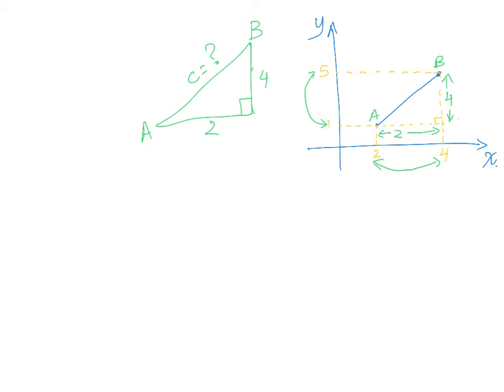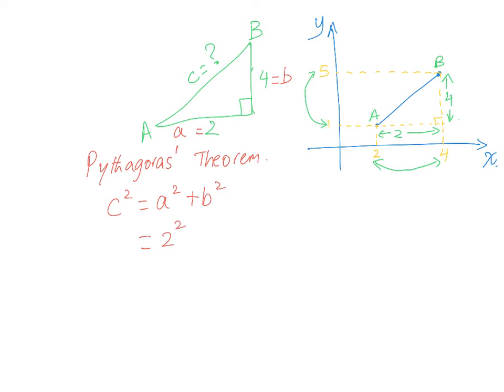So we'll use the Pythagoras theorem again. Pythagoras' theorem says c squared is equal to a squared plus b squared. So this is a, this is b. Let's plug in the values. So we've got a as 2, and we have b as 4.